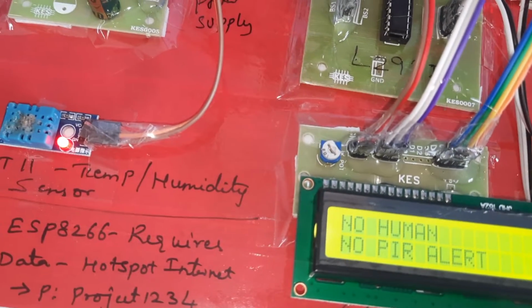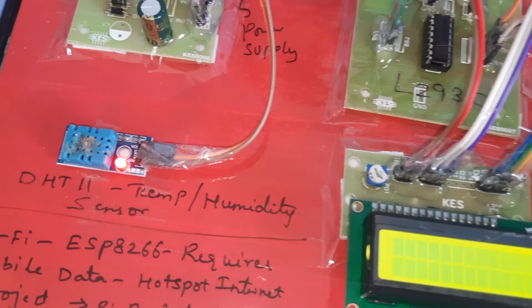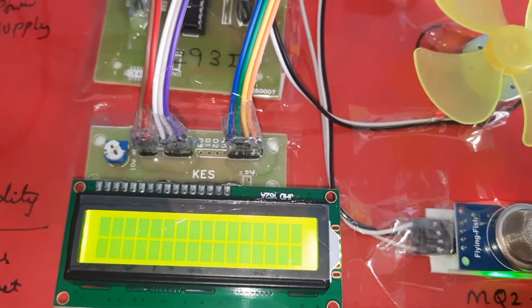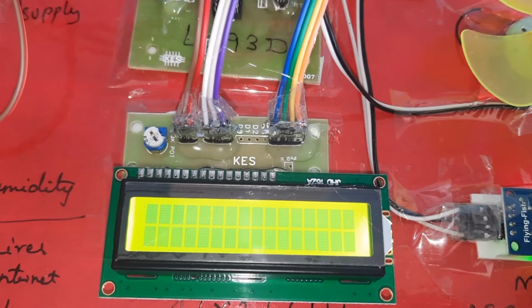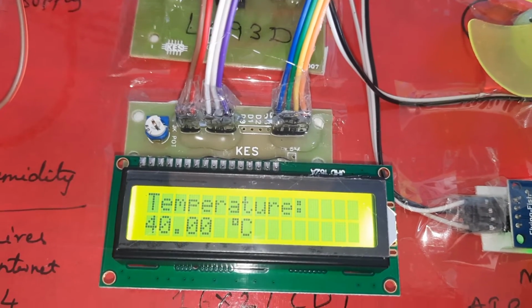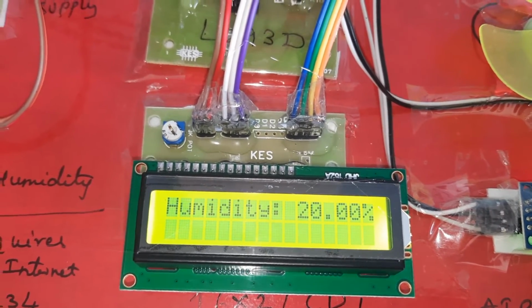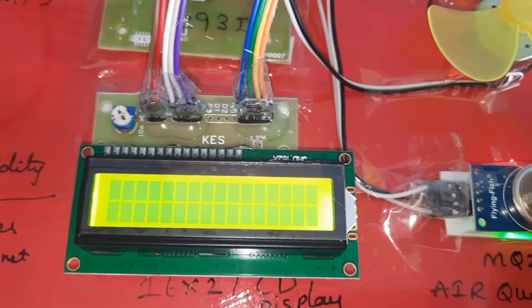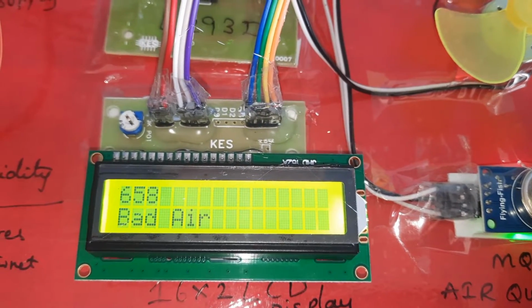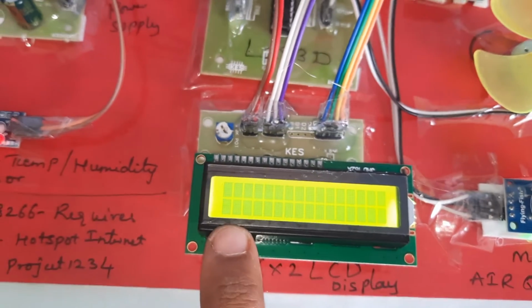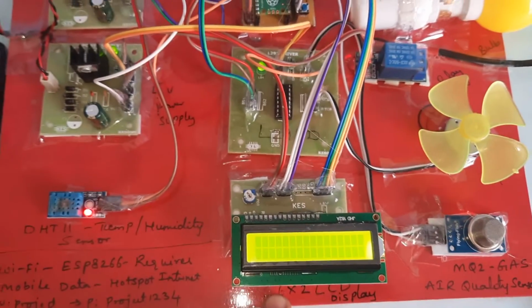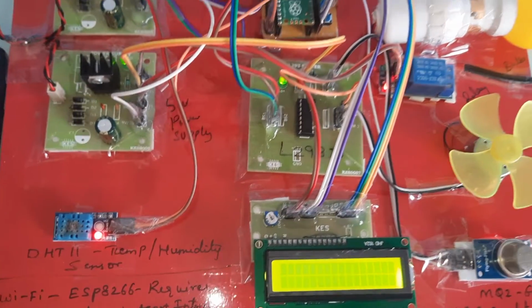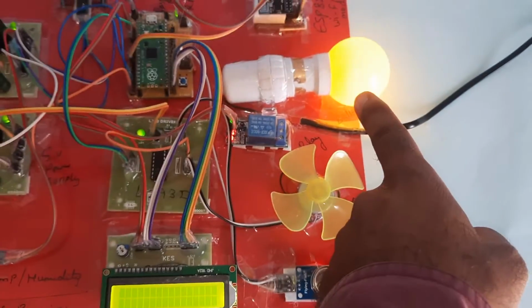Temperature 40, humidity 20, gas 658, bad air. We got the bad air alert. No human detected. Bulb on, yes, the bulb is on.